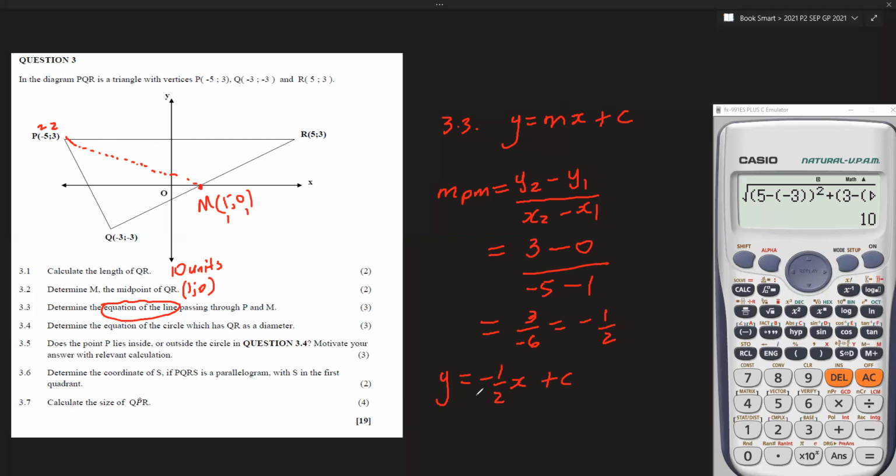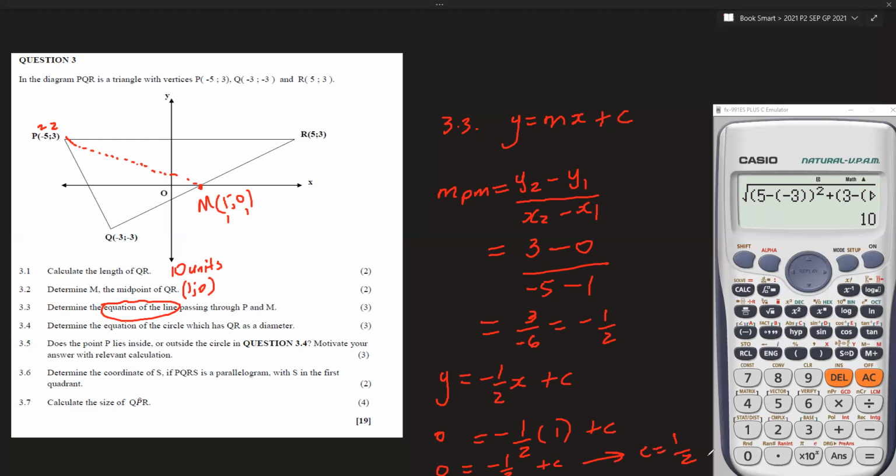So my y is 0. And then my x is 1 on M. And then plus C. And then I can see that this is still negative half. So I have 0 equals to negative half, plus C. And therefore, my C is going to be equals to half.